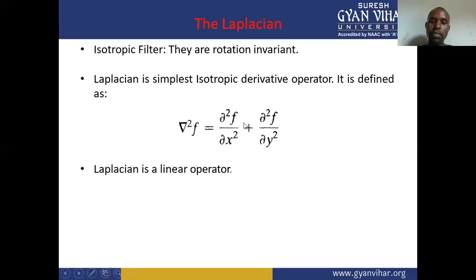So when we combine the second order derivative in the x-axis and add the sum in the y-axis, we get the Laplacian. And this is the equation. Since we are using the x and y axis, that is why we say the Laplacian is a linear operator.